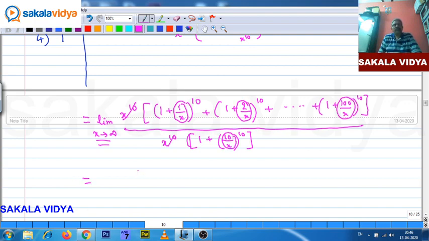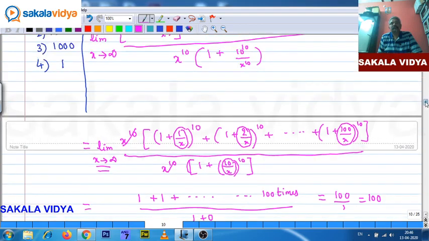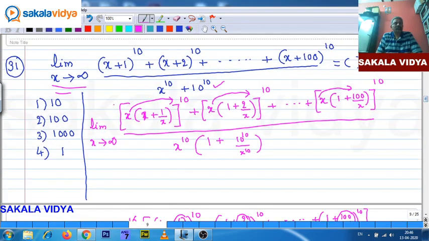So we have actually 1 plus 0, 1 plus 0, and so on, 100 times, because 100 terms are there, by 1 plus 0. So 1 is multiplied 100 times means 100, but in the denominator we have 1, 100 by 1 is equal to 100. So the answer is the second option.